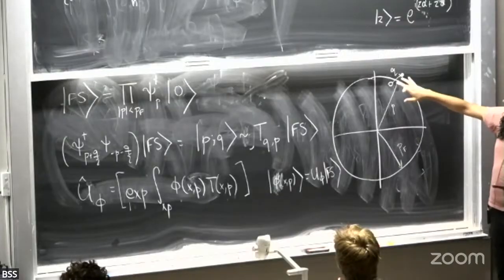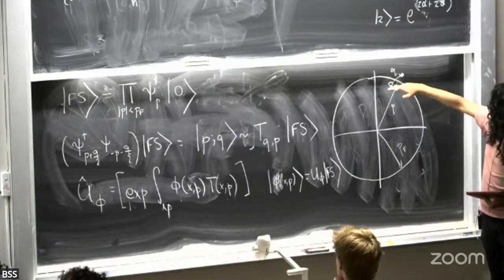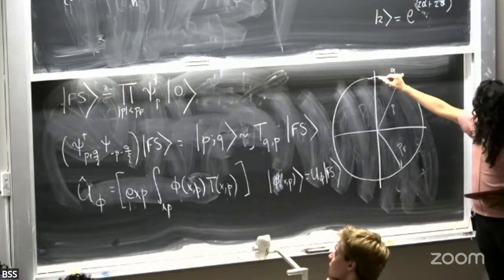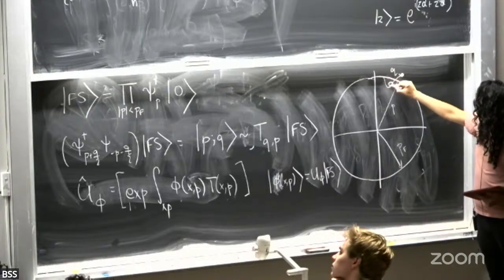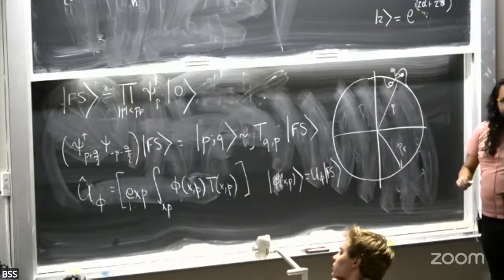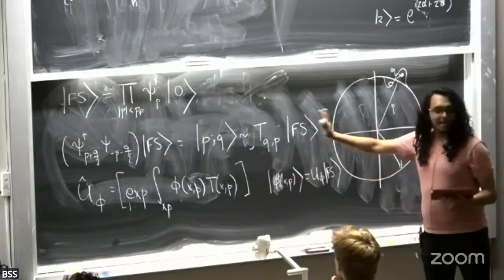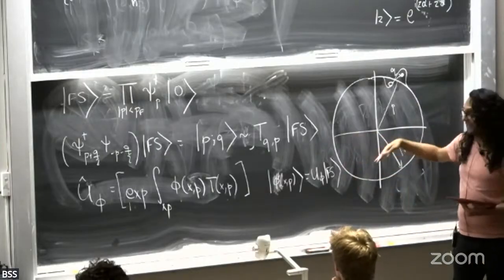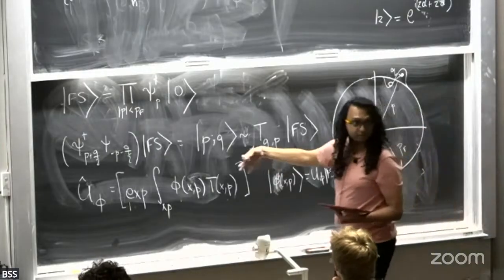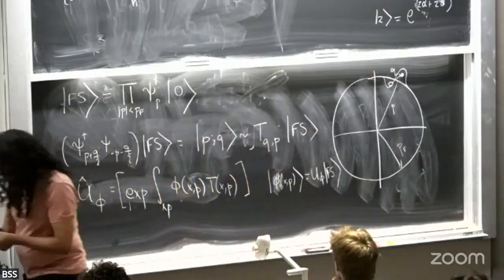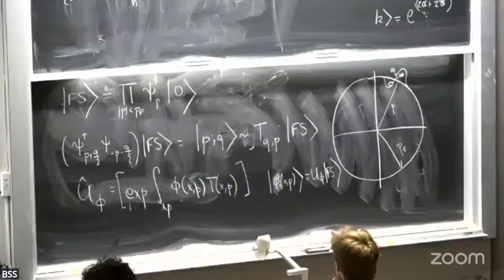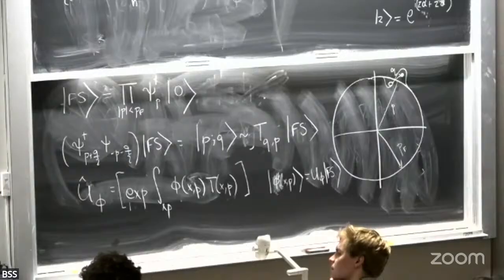So for a single particle-hole, you can think of this as a small Fermi surface deformation, where you're dipping this in a little bit and dipping this out. And the point is that in a semi-classical limit, this coherent state is literally a shape deformation of the Fermi surface. Now, let's show that.